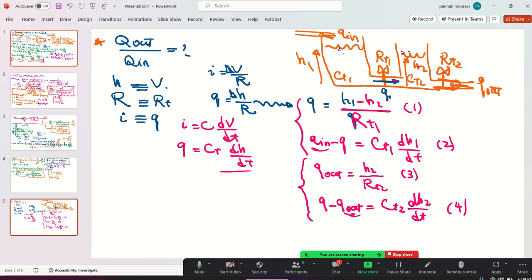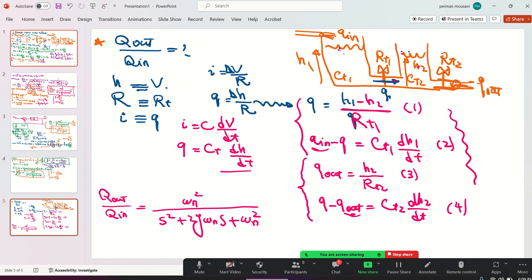Please do it at home, but I'm going to tell you again: if you do it at home, you can just Google it. If you look at your book, Q out over Q in is again going to be natural frequency squared over S squared plus 2 zeta omega n S plus omega n squared, but with different omega n and zeta for the system. Just play with these 4 and you're going to find it. You got it?